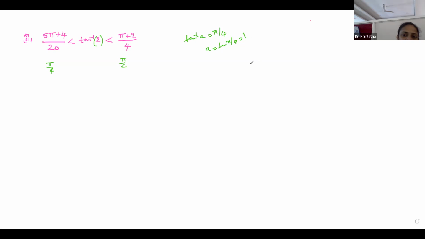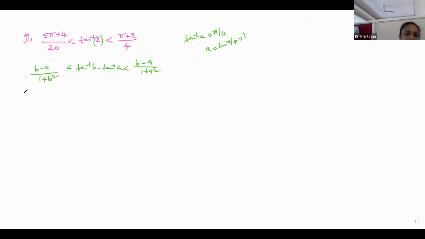So that's why the A value is 1. Now we have to substitute A value and B value in equation 2. Solve the problem. So what is the second equation? B minus A divided by 1 plus B square is less than tan inverse B minus tan inverse A is less than B minus A by 1 plus A square.